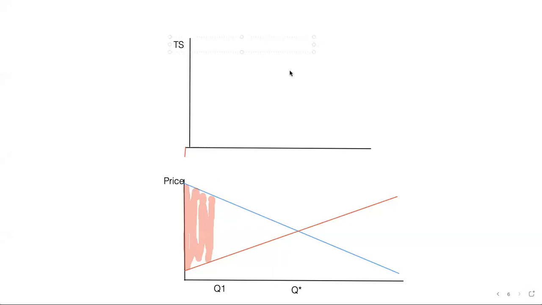And so at Q1, on this horizontal axis up here, at the corresponding Q1, I'm going to plot the value of the area associated with the level of total surplus below. So here at Q1, see if this makes sense, Gilbert.